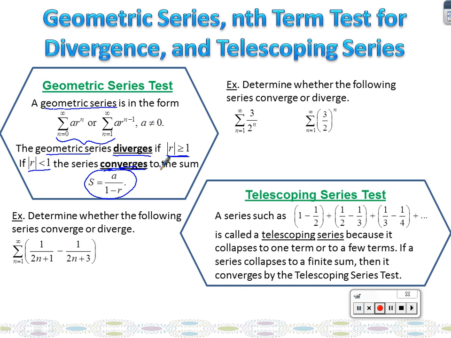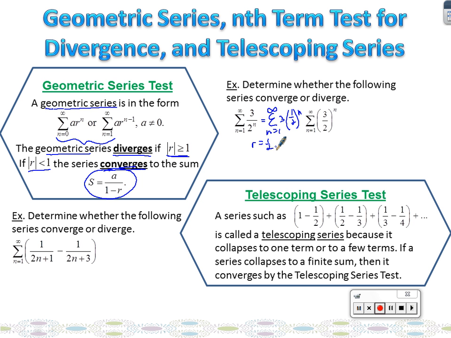I'm going to rewrite it so it looks more like a normal geometric series. A little bit easier to recognize. And so from this we can see that our r value is 1/2.